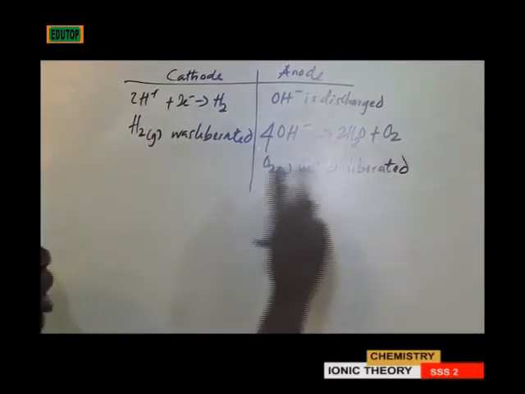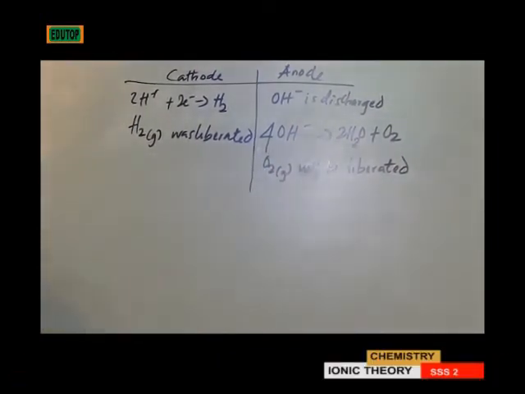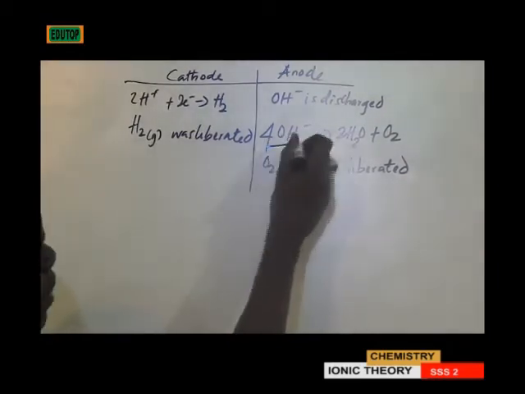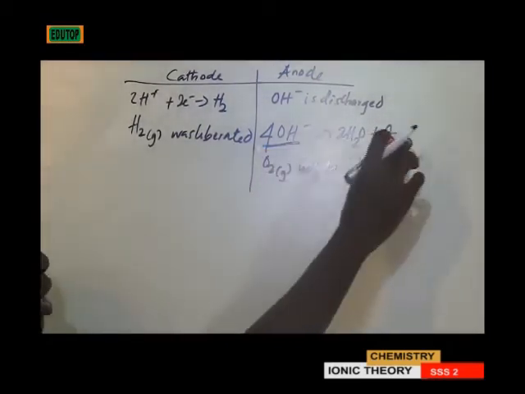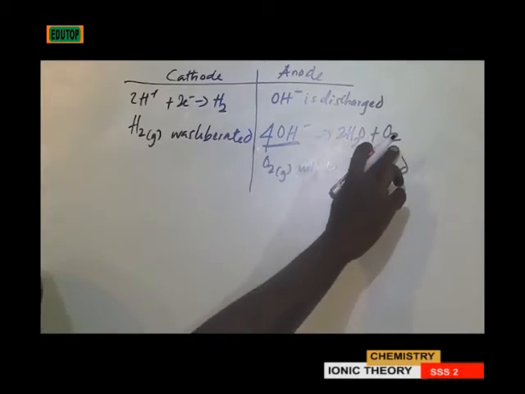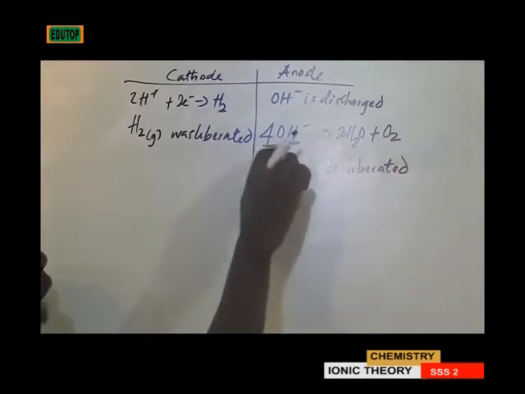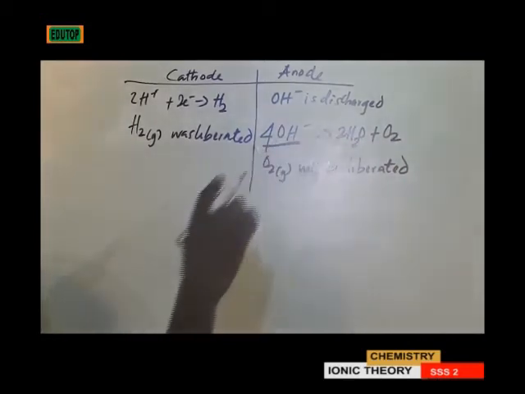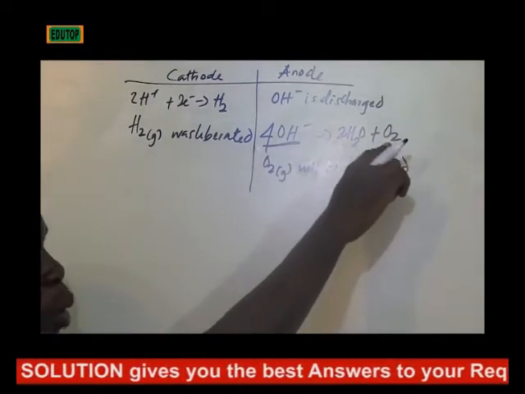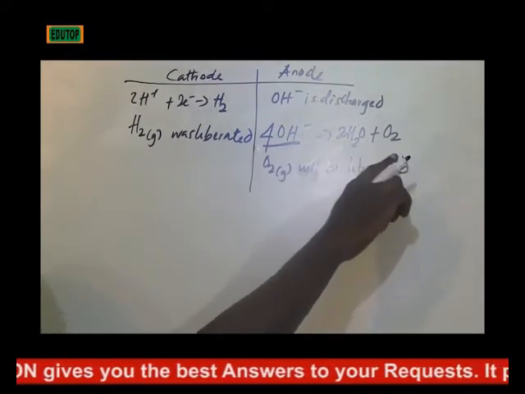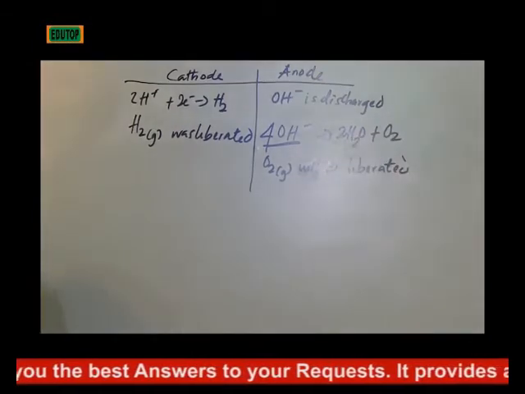Our interest here to question number 2 is this, because this is what gives the oxygen gas in this system, and we require 4 moles of hydroxide ion to give 1 mole of oxygen gas, which is diatomic.